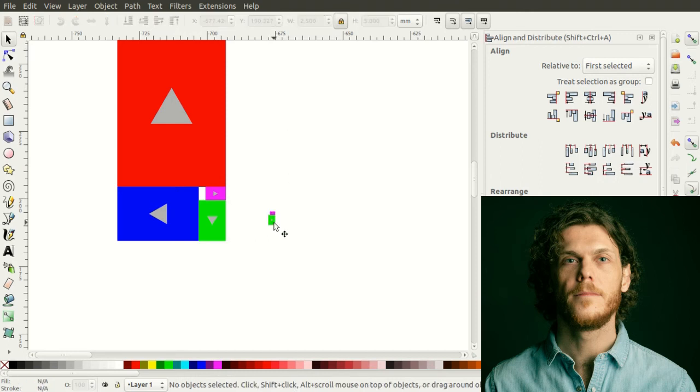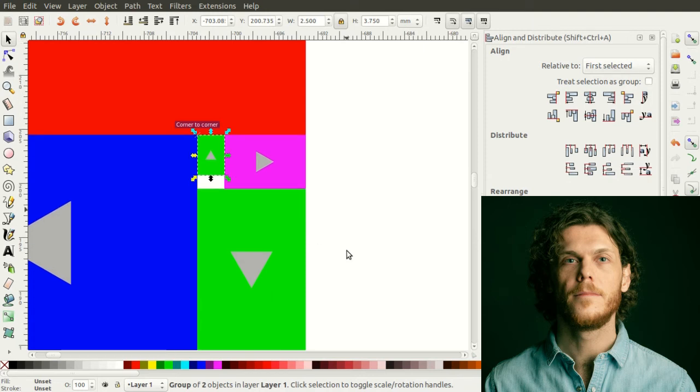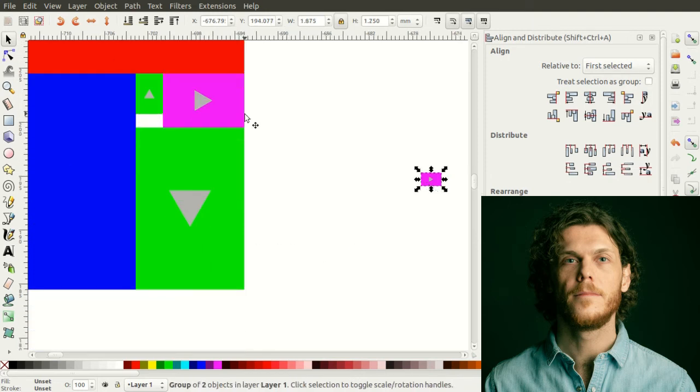So this is harkening back to the last video where I showed how to do the 4-color problem in spiral form.